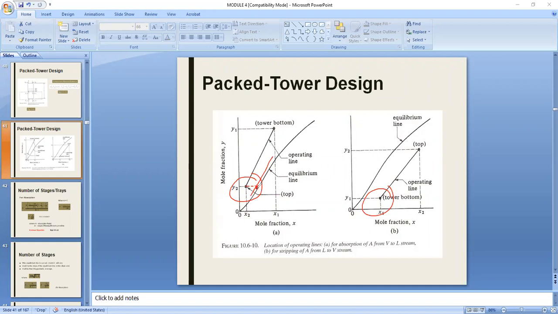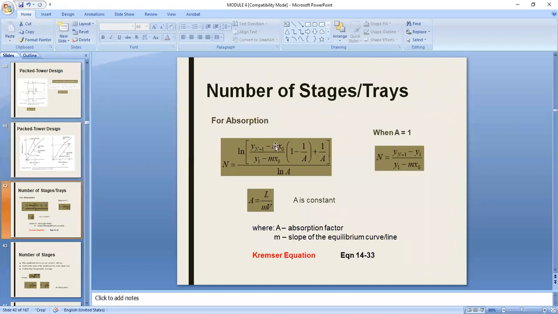Now, if it's for stripping, you project this one and you have this one here, and then draw a tangential line and get the slope of that tangential line. That would then be the slope of the equilibrium curve at the dilute end of the column. Okay, let me clear my marking. So that's the M that you're going to place in here.